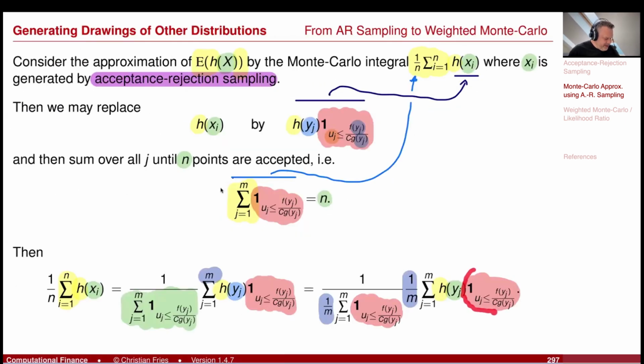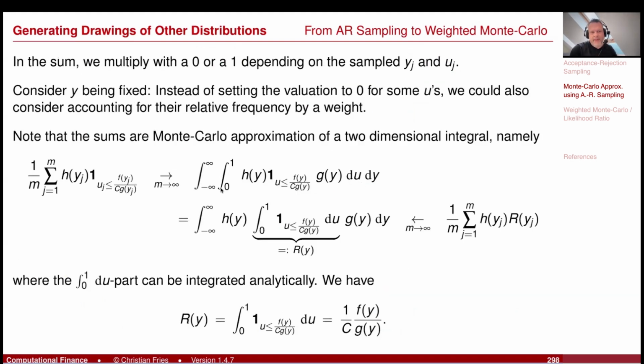So we could replace that part with a weight that represents how many points are accepted, and then I'm just summing over all these weights. In the sum, we multiply with 0 or 1, depending on the sampled y and u_j.